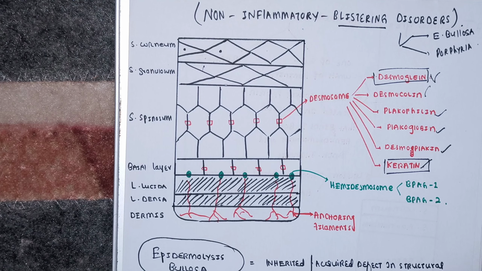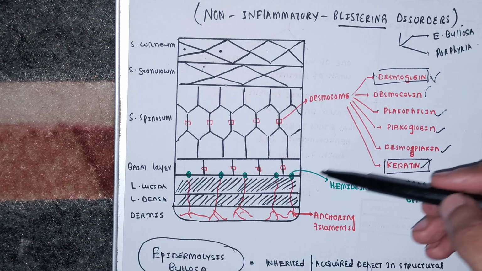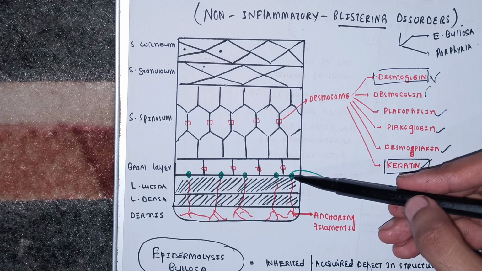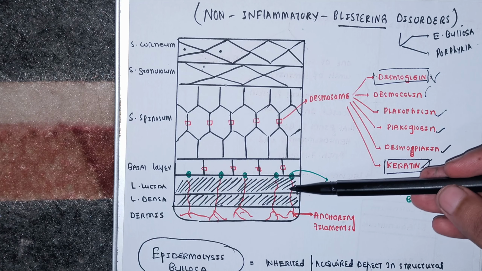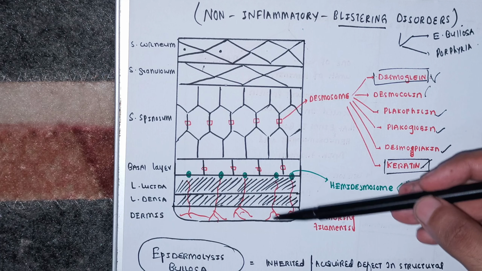Furthermore, can you see these little green colored proteins? They are connecting the basal cell layer to the lamina lucida, or I can say they are connecting the basal cell layer to the basement membrane. Then from the basement membrane, these red colored fibrils are coming out.